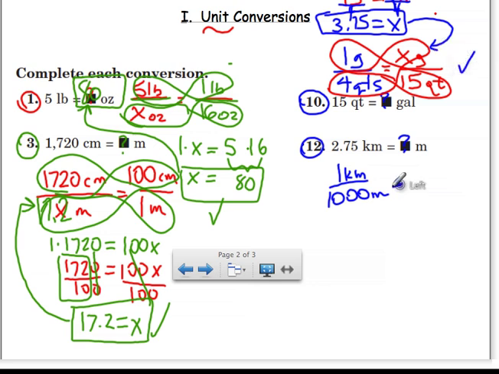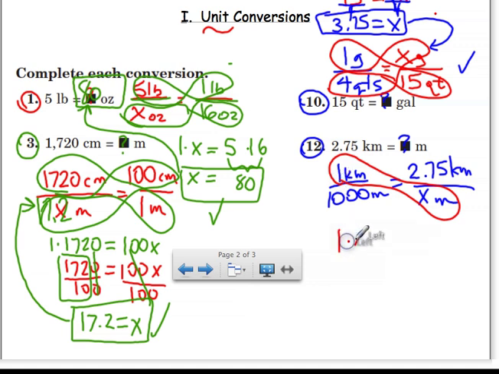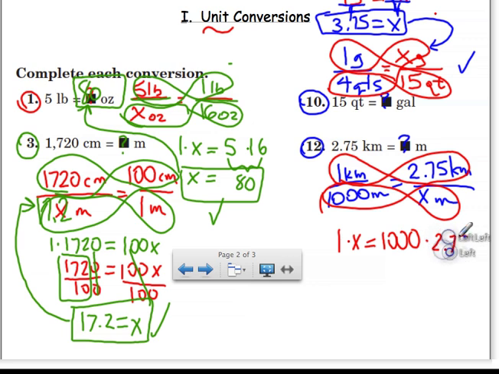Next one, number 12. 1 kilometer is the same thing as 1,000 meters. So that means 2.75 kilometers is the same as x meters. And you need to cross multiply and divide to solve it. That's 1 times x equals 1,000 times 2.75.